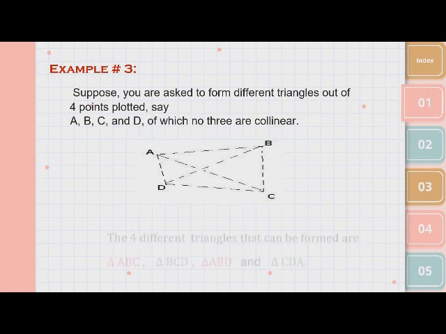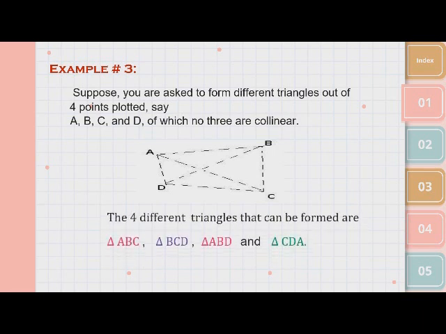Okay, so we can have triangle ABC, triangle BCD. Then we have triangle ABD, and CDA. Aside from them, you will not get other triangles. So we only have 4 different triangles here.